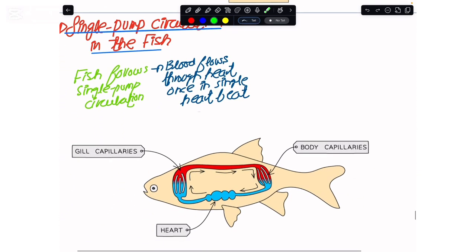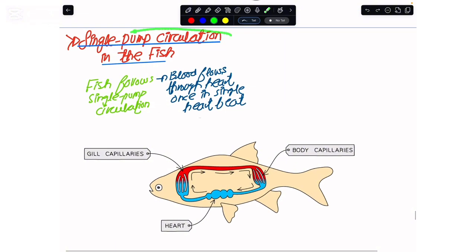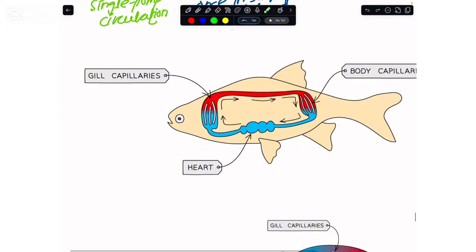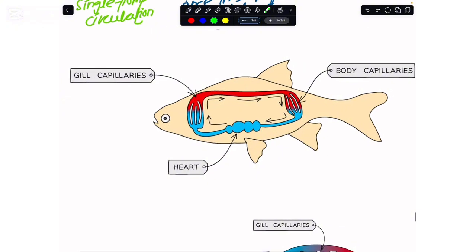On the other hand, we have single pump circulation in the fish, because in one circuit, or one heartbeat, the blood flows once through the heart. How is this carried out in a fish? Here, this represents the supply of blood to the body, and when the body tissues use up the oxygen from the blood, it becomes deoxygenated.